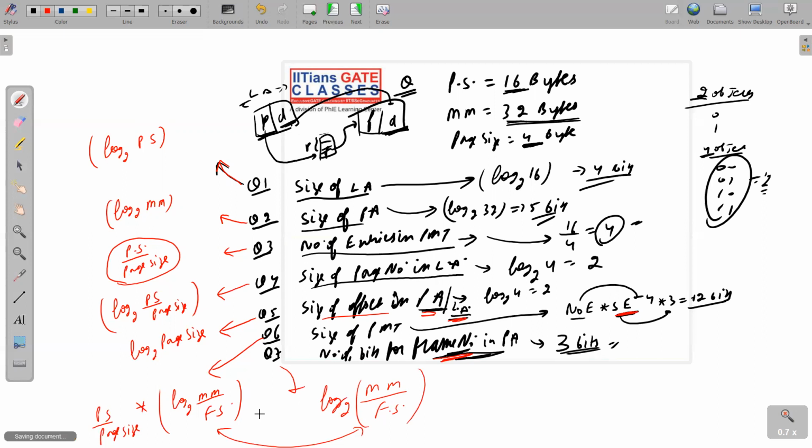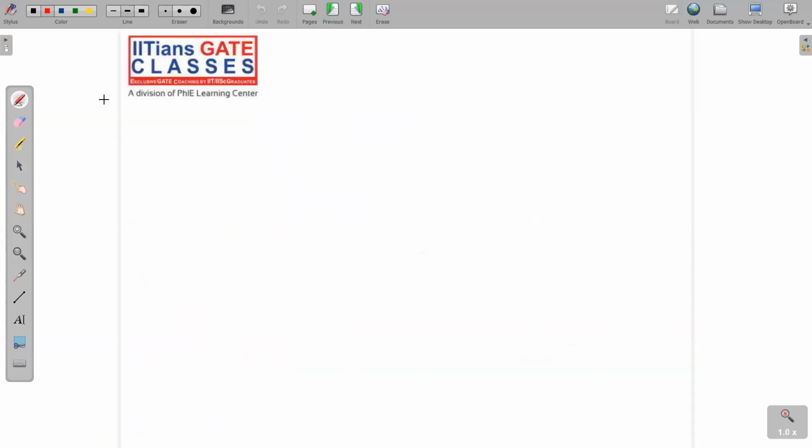So now I will try to solve a few numericals so that you get more clarity. Take the snapshot of this. I will jump to the next slide. Similar type of question we will try to solve. Process size is 32 KB.